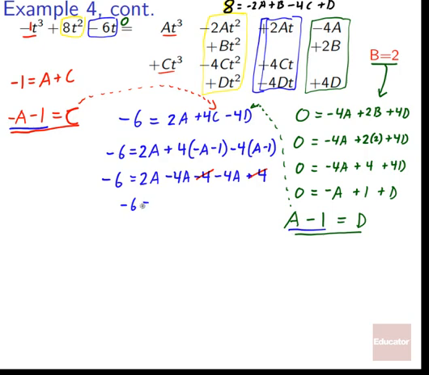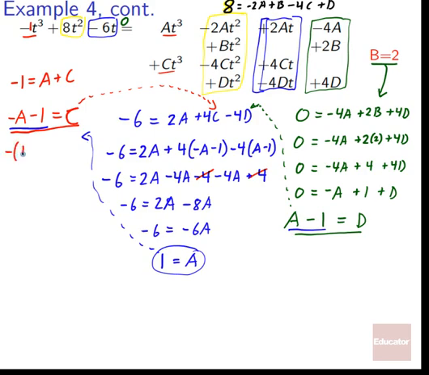We've got negative 6 equals 2a minus 8a, negative 6 equals negative 6a, and thus, dividing both sides by negative 6, 1 equals a. With 1 equals a in place, we can now easily go back and figure out everything else. So we've got negative a minus 1, so plugging in that a is 1, negative 1 minus 1 equals c. So we've got negative 2 equals c.